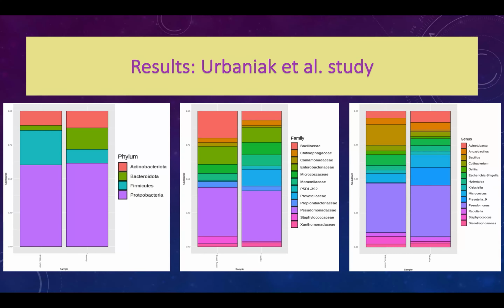So these are the results of the DADA2 analysis of the data from the Urbaniak study, where these are the proportional abundance plots made through DADA2 and phyloseq, at the phylum, family, and genus levels, where on the x-axis we're comparing breast tumor and healthy tissue, and on the y-axis there's the abundance.